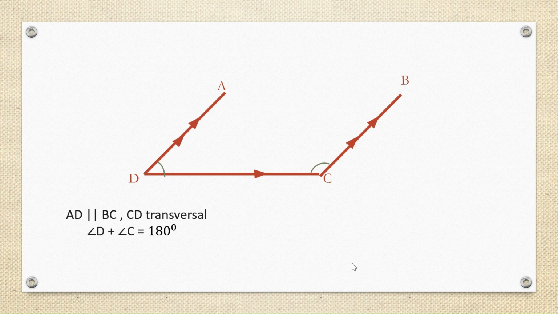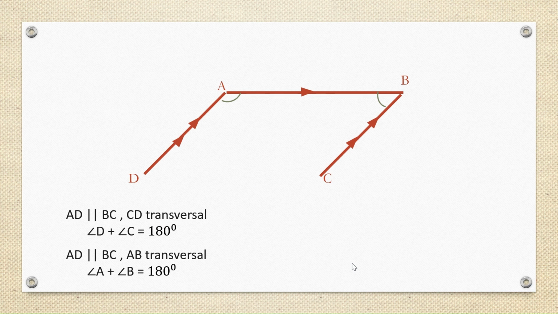Now for the same parallel lines AD and BC, if we consider AB as a transversal, then we have angles B and A on the same side of the transversal. So even these two form consecutive angles, and hence they will add up to 180 degrees.